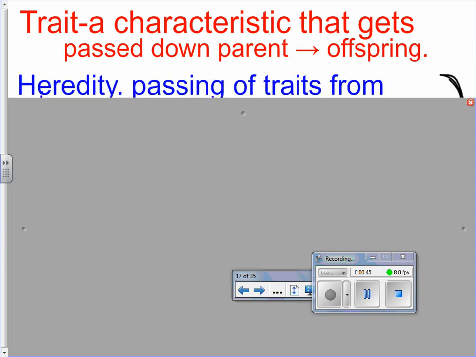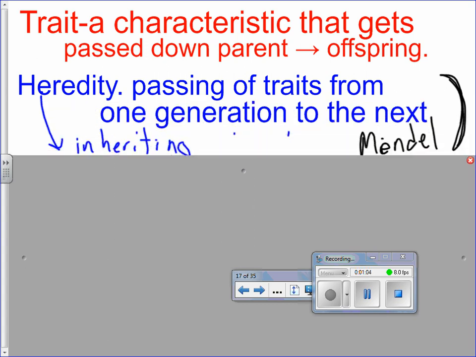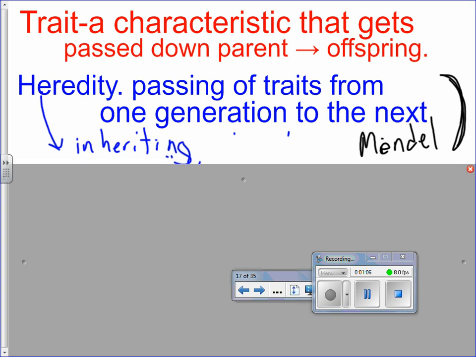The next word, and this is in the order that they are in the textbook, of course, not in the order that they are in your notes. It says here heredity is the passing of traits from one generation to the next. And this is what Mendel was studying quite literally.